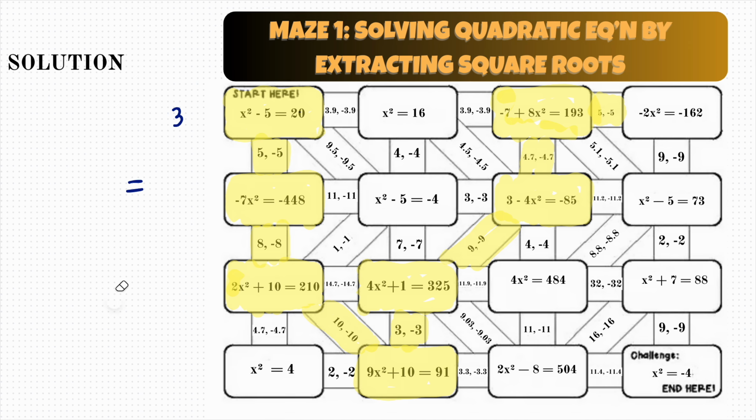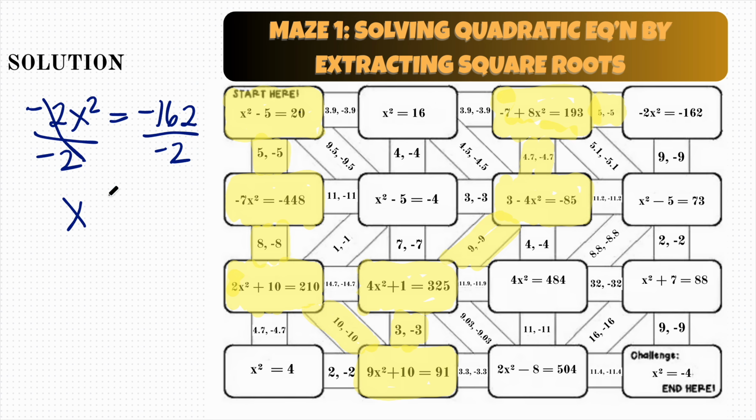Now for our next puzzle: negative 2x squared equals negative 162. Basically, we have to eliminate negative 2 by dividing both sides by negative 2, and the remaining would be x squared equals 162 divided by 2.